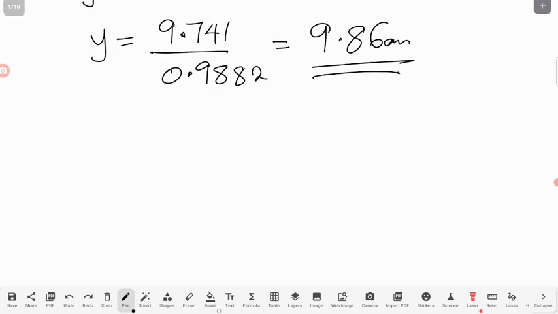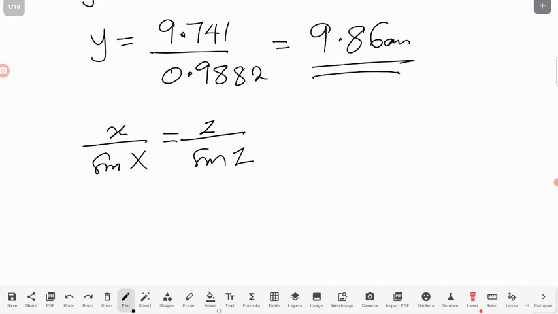For the value of z, you can still use the same as y or z or any, but we have been given the value of x from the beginning, so we use small x over sine x is equal to small z over sine z.